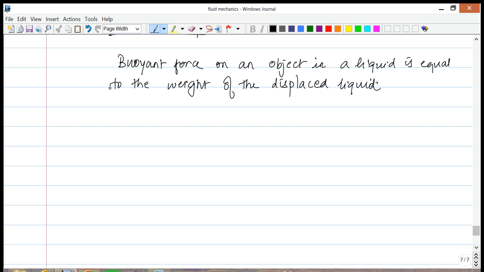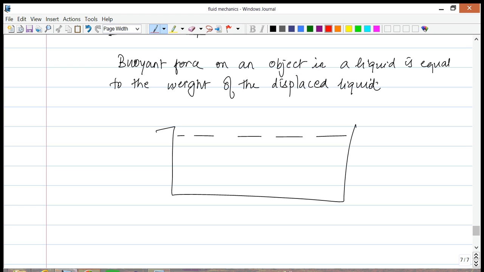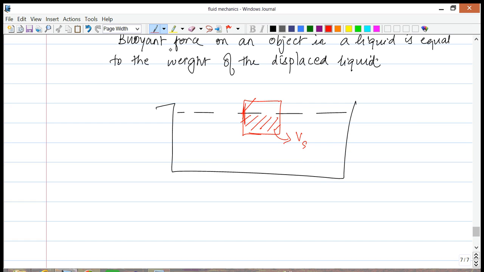So let's say that I have a container with some fluid, and I take an object and I submerge it, not completely, but say partially. It doesn't matter how much I submerge it, but let us say that the submerged part of the volume is V sub s. What this principle says is that the force of buoyancy, F sub B, is equal to the weight of the displaced liquid.